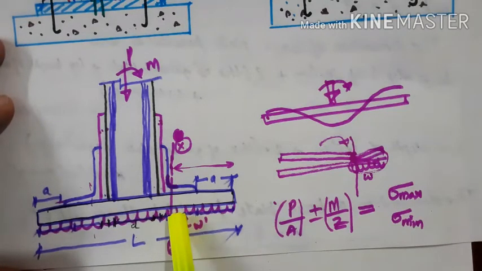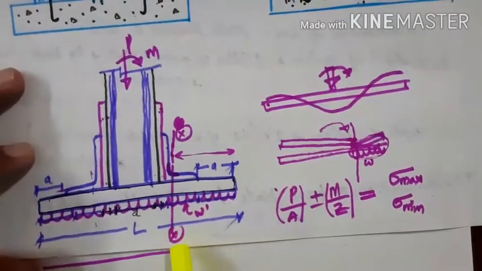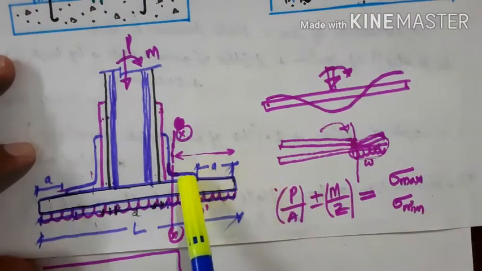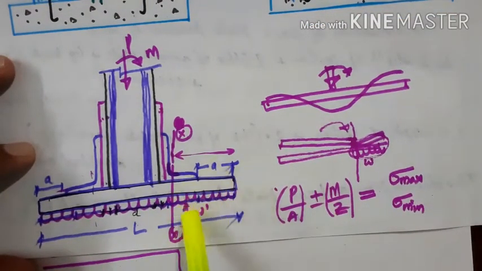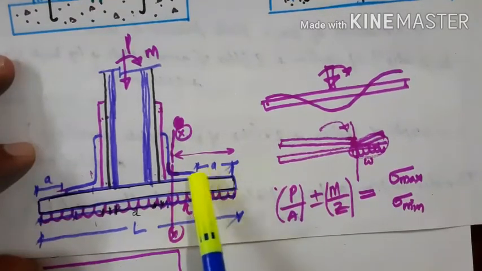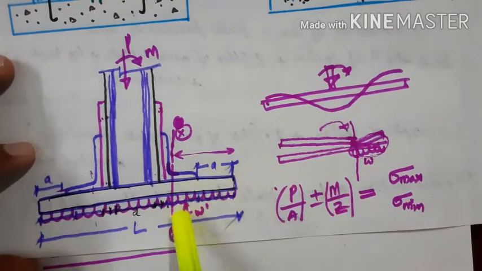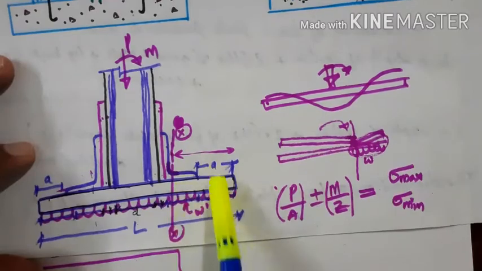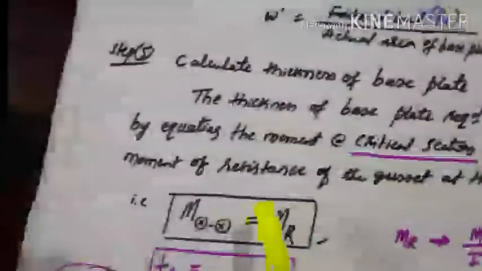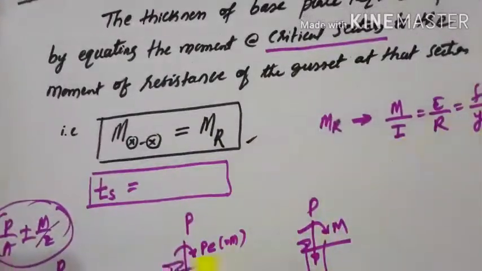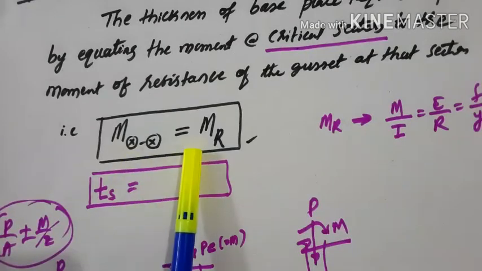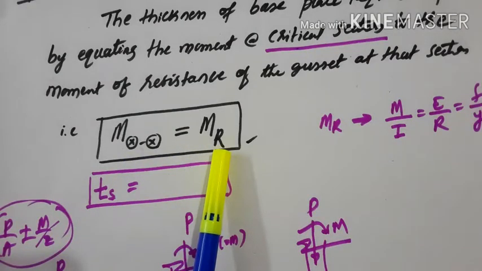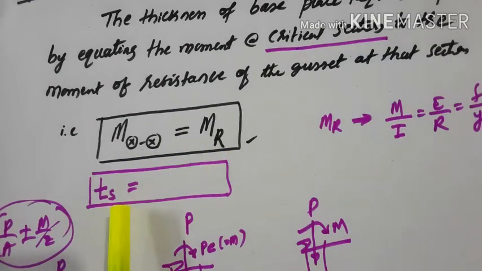Then you have to calculate the actual moment of resistance of the gusseted base, based on pure bending moment theory. Once we get these two moments, we equate moment at xx to the moment of resistance. Then we get the thickness of the base plate.